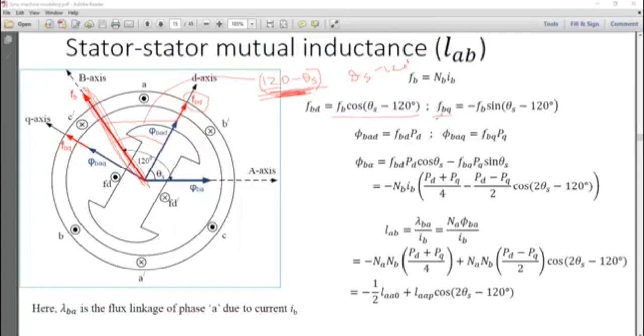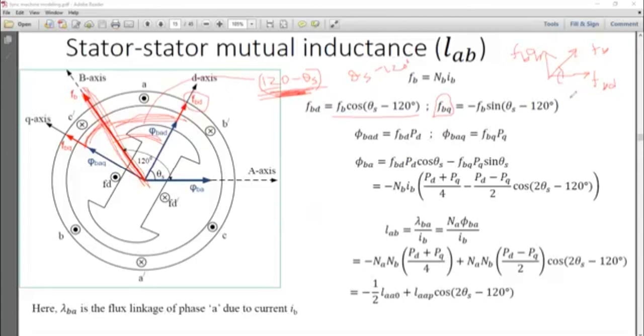So next, FBQ. What would be FBQ? If this is your cosine component, this should be your sine component of the same angle, right? If you have a phasor, this is your phasor FB, this is some angle, and this is FBD. So this should be FBQ.